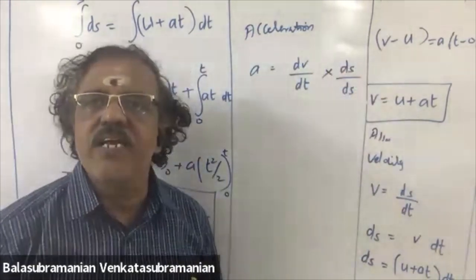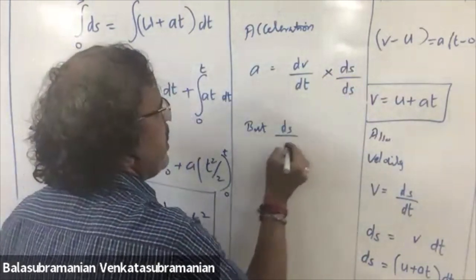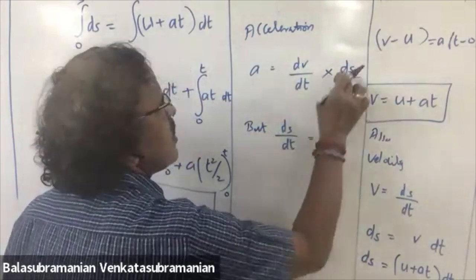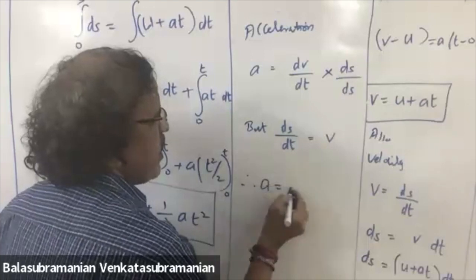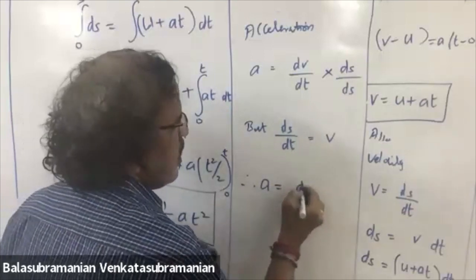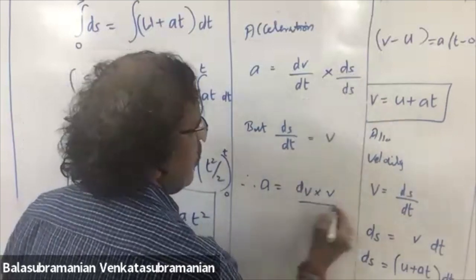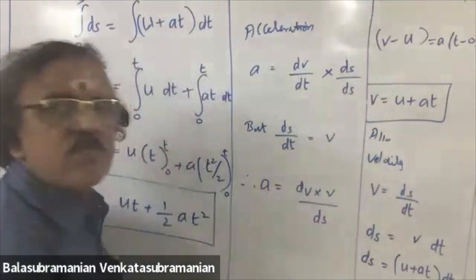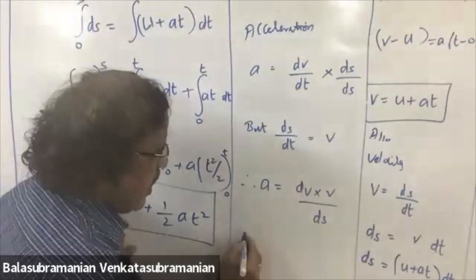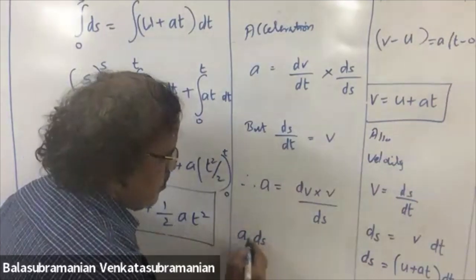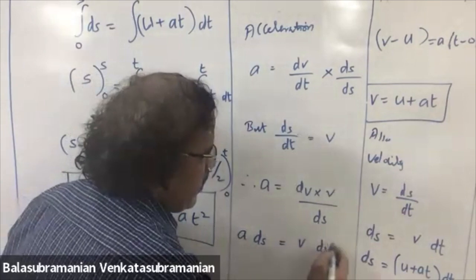But ds by dt is nothing but velocity, so we can write this ds by dt as v. So a is equal to v dv by ds. Cross multiply. a ds is equal to v dv.